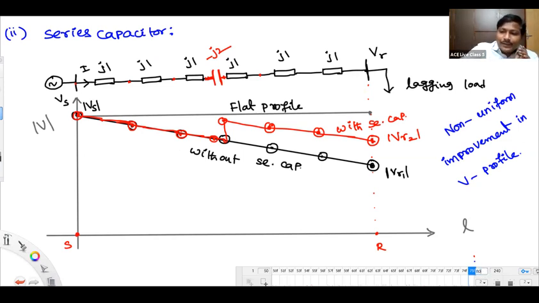Next comparison we are going to make is in view of comparing the ratings of the capacitors.